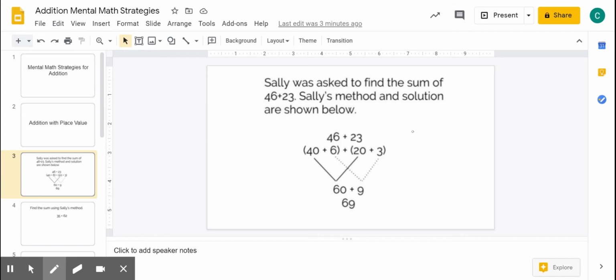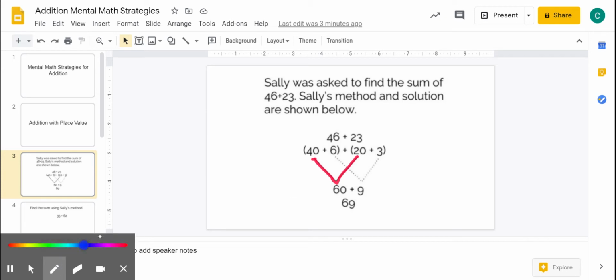And with place value, they are going to add the expanded form of their tens first, which is 40 plus 20, and they're adding that in their heads. 40 plus 20 gives them 60. And then they would write the 60 down as their expanded form for the tens.